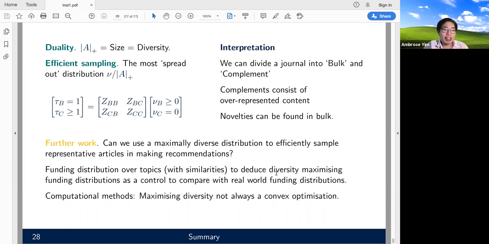So these are not always easy problems, and we want to look at ways of taking advantage of the particular properties of the system to get quick ways of computing diversity. I'll stop here and end on this slide. If you have any questions, please feel free to ask us now. Thank you.